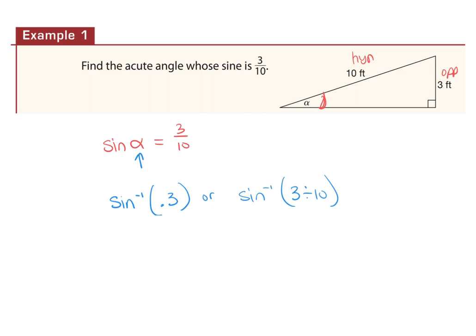Your second or your shift, all right? And then you are going to put in sine. So go ahead and try that. Use your shift or second button on sine. It should open parentheses. You want to do 3 divided by 10 or 0.3, close parentheses. And then you're going to round your degrees to the nearest tenth, 1 decimal place here.